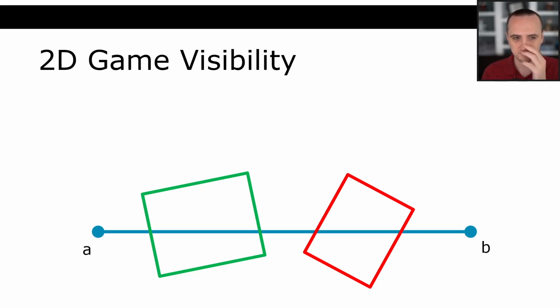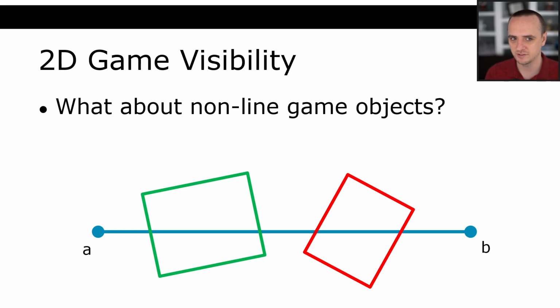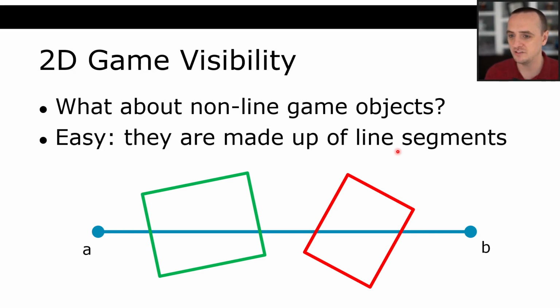However, what about non-line game objects? So in our game, let's say we have a point A and we want to know if it's visible to point B or not. Well, we may have entities out in our world that aren't just lines. So how can we compute the visibility if we have arbitrary geometry in our world? Well, it's kind of easy. They're made up of line segments, right?